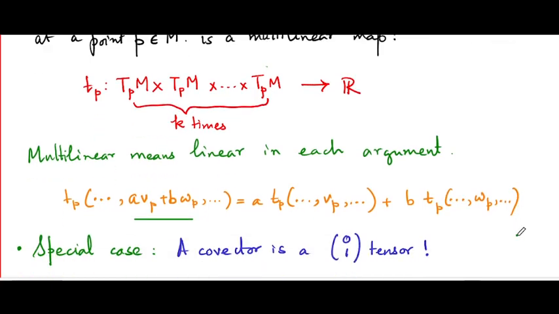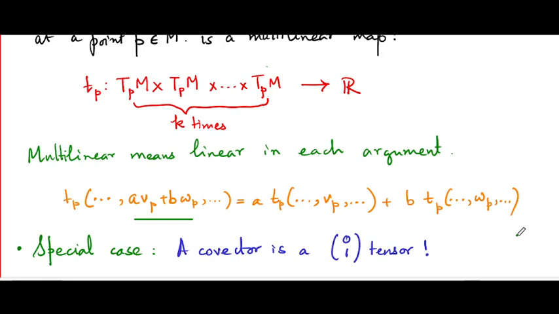Now, we have already seen a linear entity, a map which maps vectors into numbers linearly. That is, of course, a covector. But it takes a single vector as an argument, so a covector is really a tensor. It's a 0-1 tensor, or a covariant tensor of rank 1.